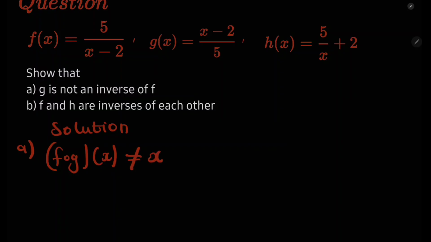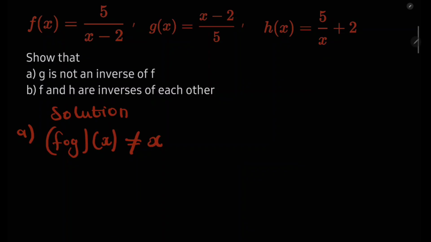If we were to prove that g is an inverse of f, we would look for this composition and prove that it is equal to x. But here we have the reverse. So we need to find the composition f of g of x and see whether it is equal to x or not.